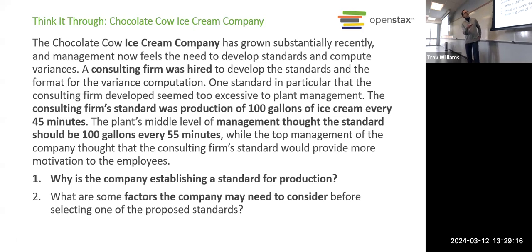And the consulting firm came in and said that the company should be able to make 100 gallons of ice cream every 45 minutes. And these are the experts, supposedly. But then the management disagreed. They think that to make 100 gallons, it shouldn't be 45 minutes, it should be 55 minutes.